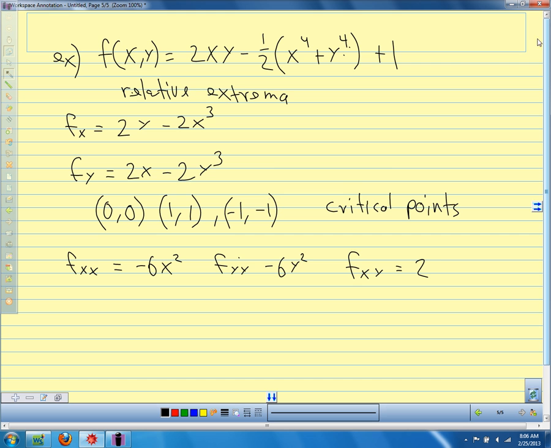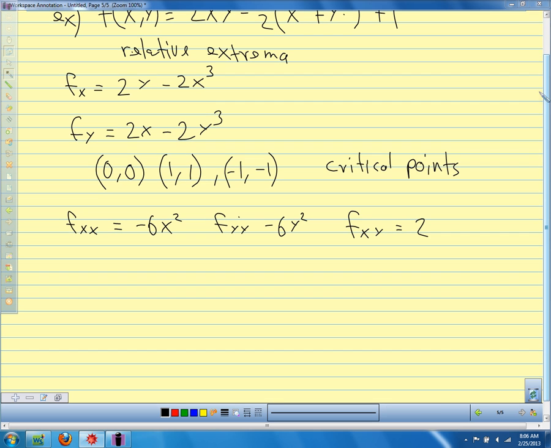So now we need to find our discriminant at each of these 3 points to decide if each one is a maximum, a minimum, or a saddle point. Let's do 1, 1 first. Our discriminant at 1, 1 is going to be minus 6 times minus 6 minus 2 squared, which is going to be greater than 0.